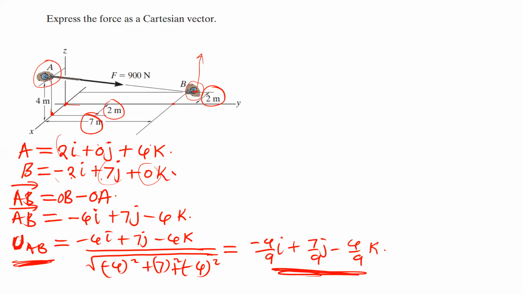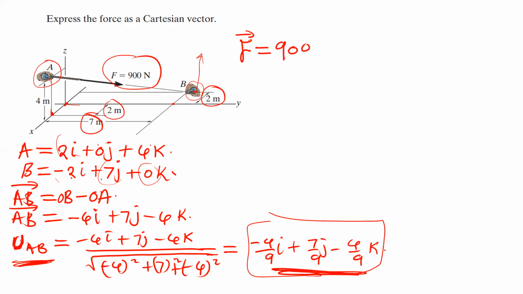So now, after finding this, the next thing that we are going to do to find the Cartesian vector for this force, we have to multiply the unit vector by the force. Let me write the formula. It's important to see the formula because we don't forget formulas easily.